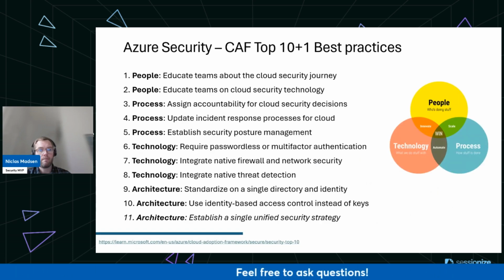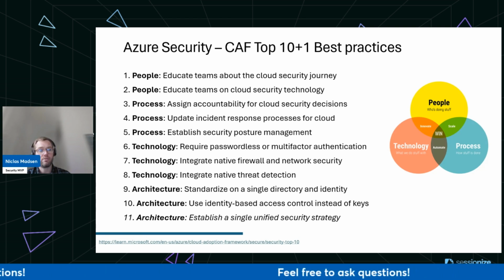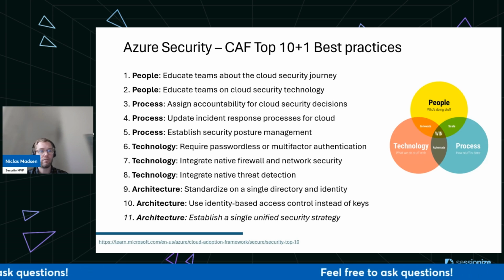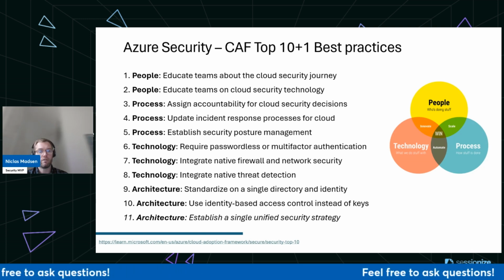This is really just to say that people, processes, technology is still something that lives on, and this is always the most important thing. And in that flow, so people, who is doing stuff, like here, you need to educate your teams. You have your processes, how stuff is done, and then you have the technology, what we do stuff with.